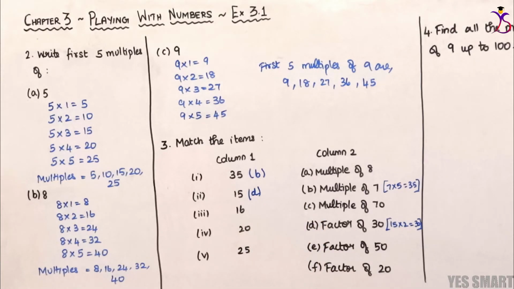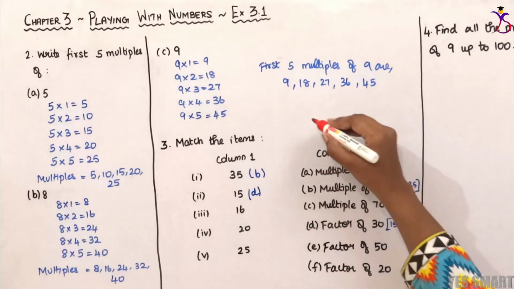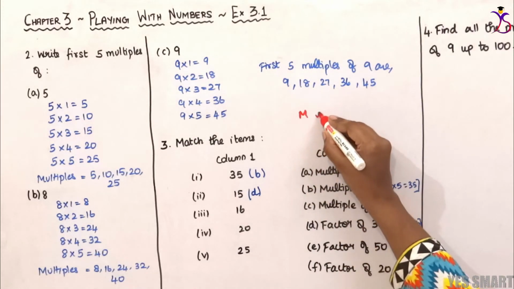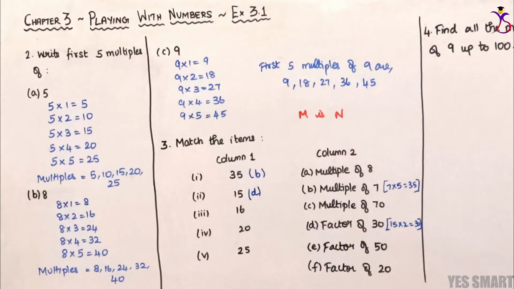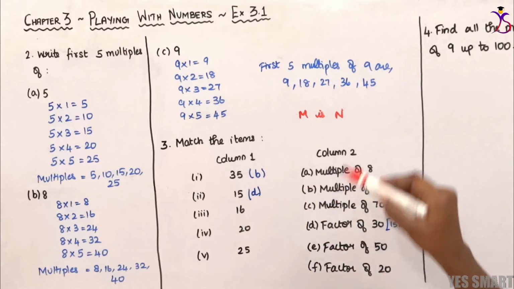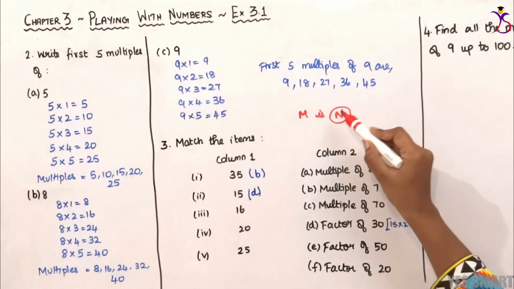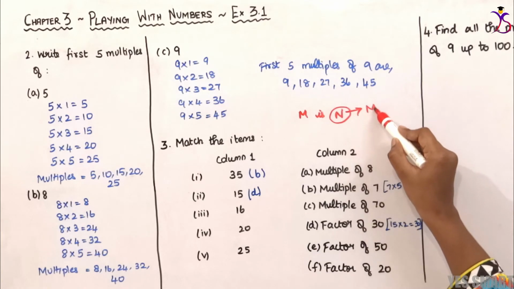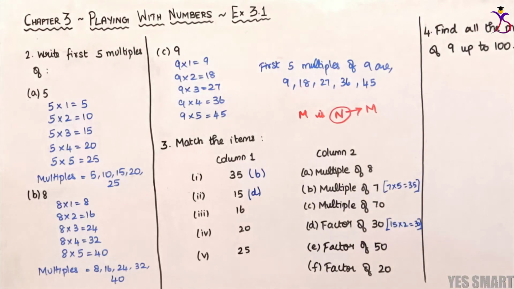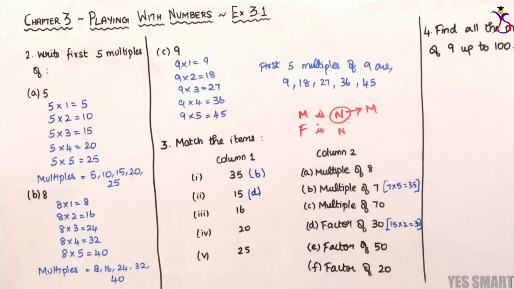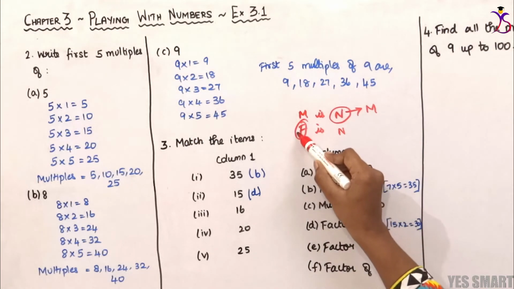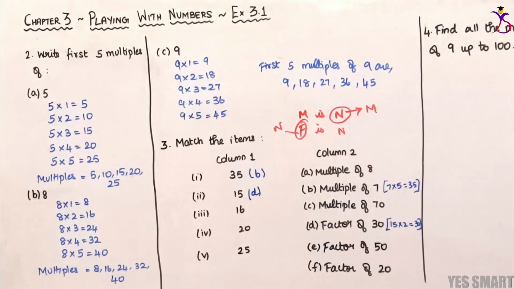In order to have better clarity, let's take the multiple and factor comparison. As we have already discussed in the concept video, if m is a multiple of a number n, it means in the n table, m should be present. In the same way, if f is a factor of a number n, then in that f table, n should be present.